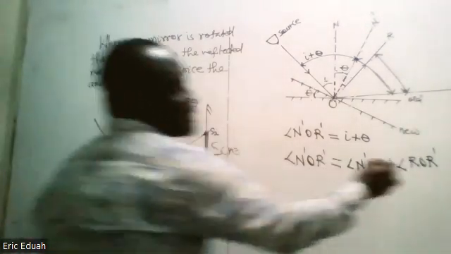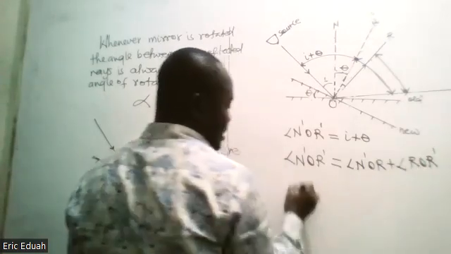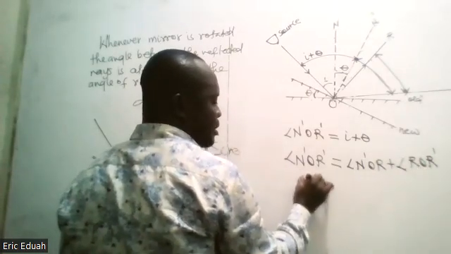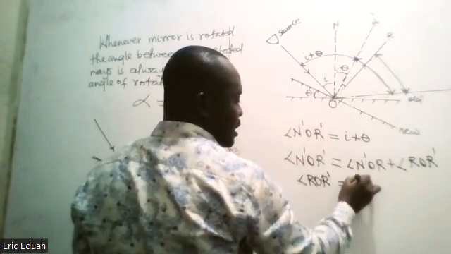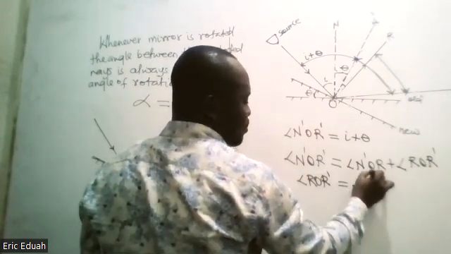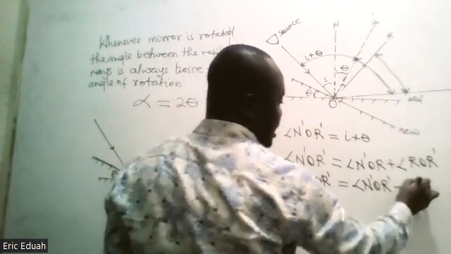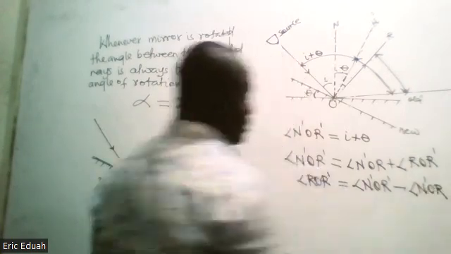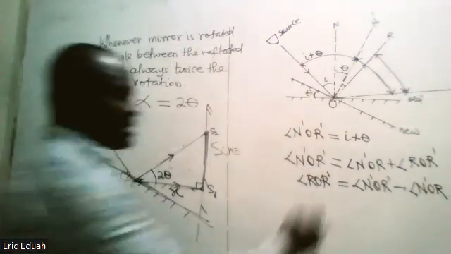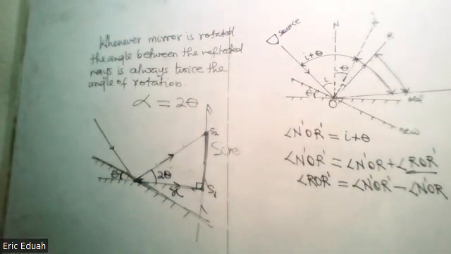Meaning that if this is what I'm looking for, then I just would have to make this the subject. Angle r O r prime must be equal to angle n prime O r prime minus angle n prime O r. I'm just making this the subject.